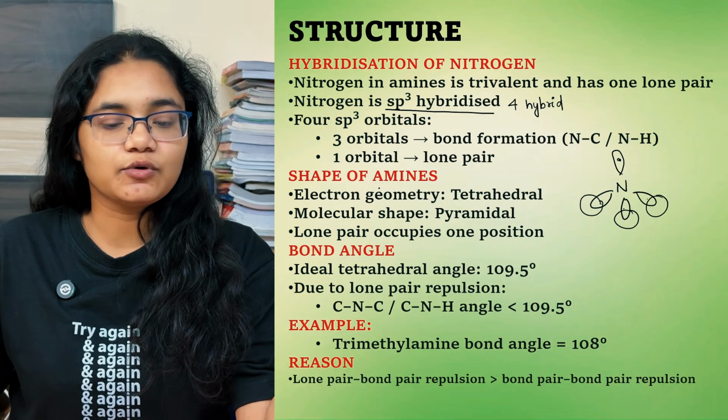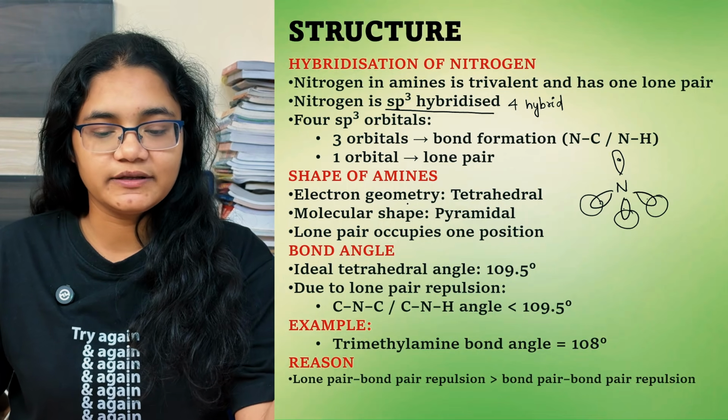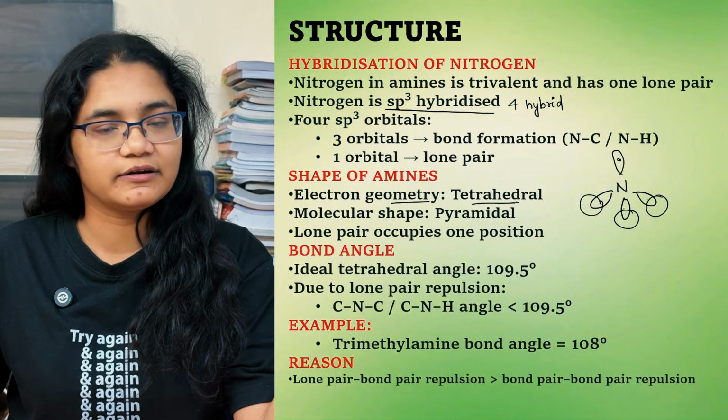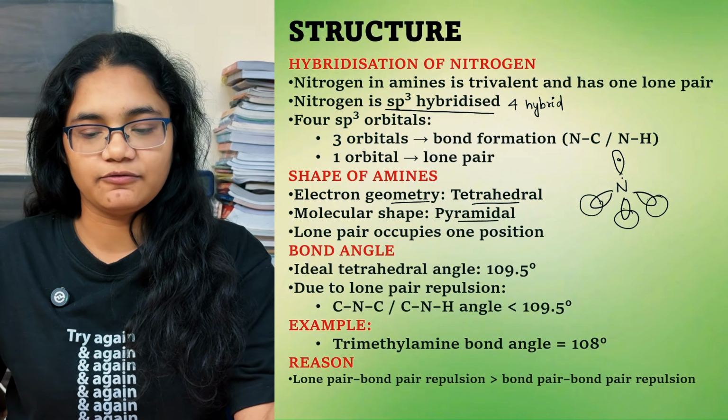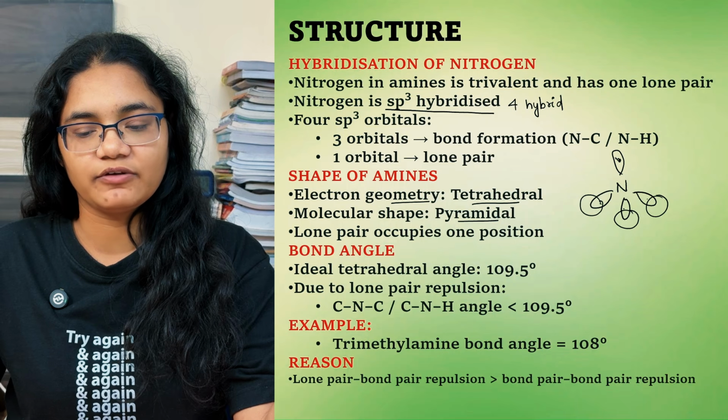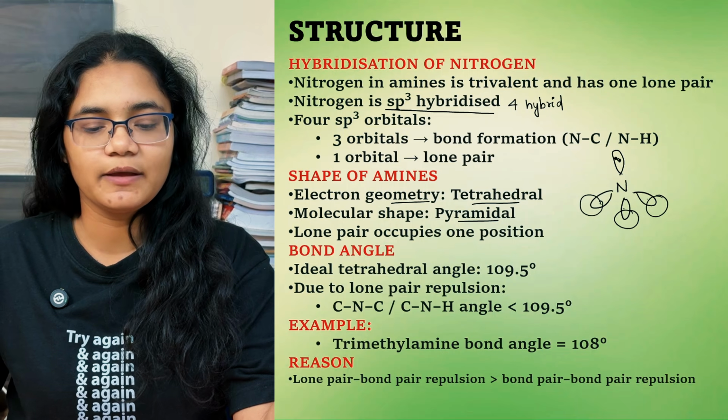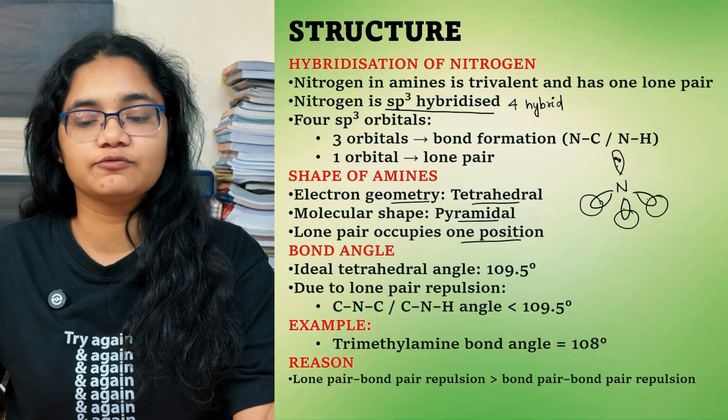Clear? Next, what is the shape? The electron geometry is tetrahedral. The molecular shape, because we have a lone pair of electrons here, is pyramidal, and the lone pair occupies one position.